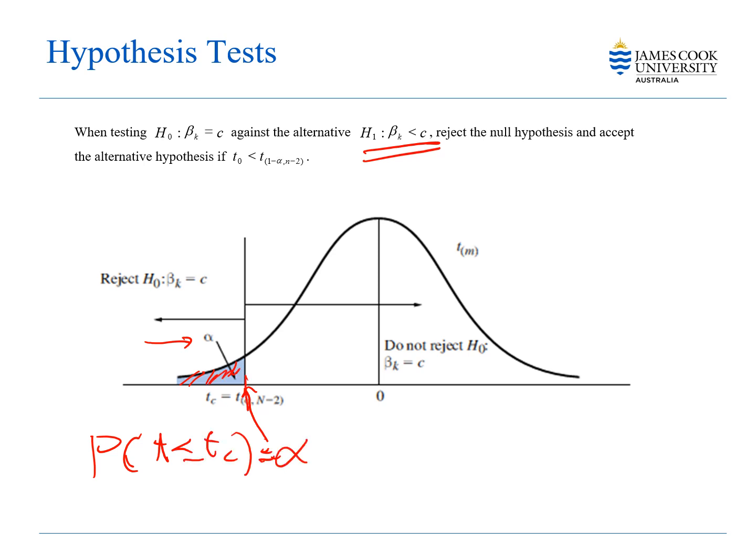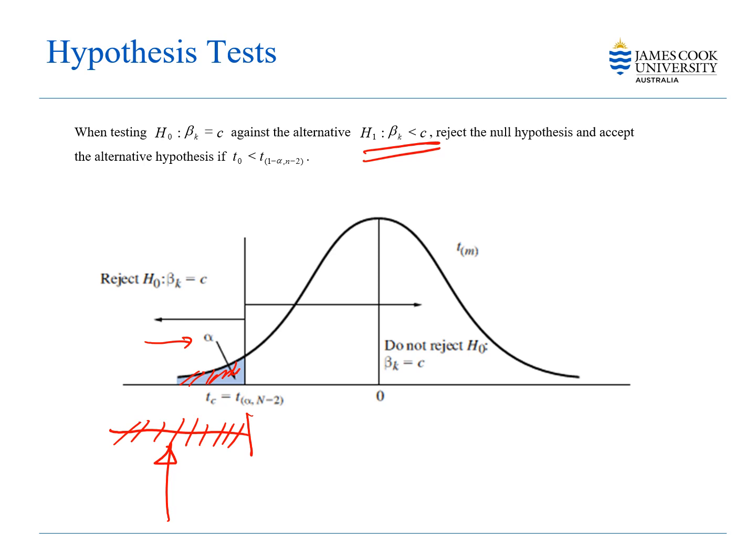So now any t value below this tC, in this region, is our rejection region. If the computed t falls in here, then we will reject the null hypothesis.